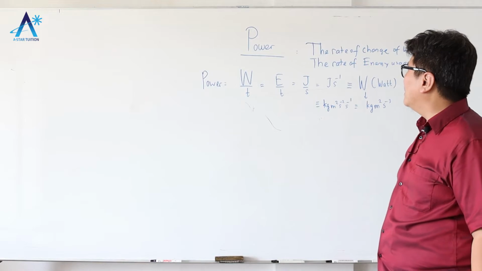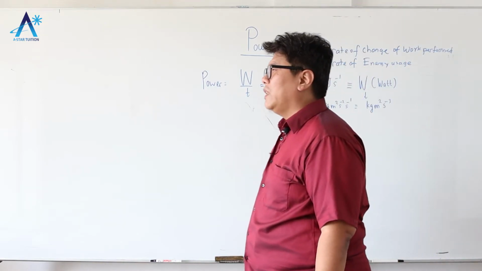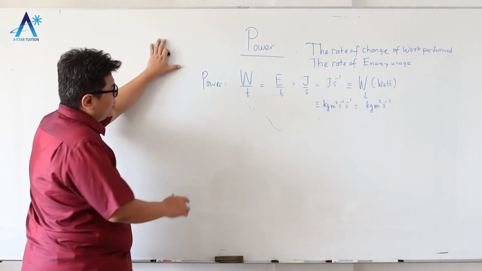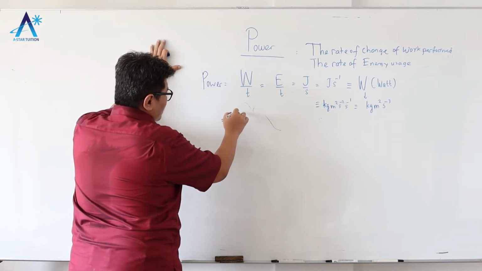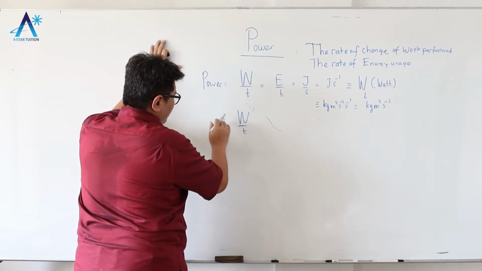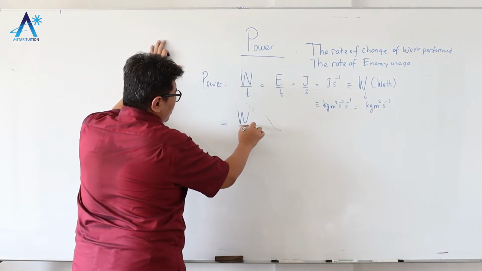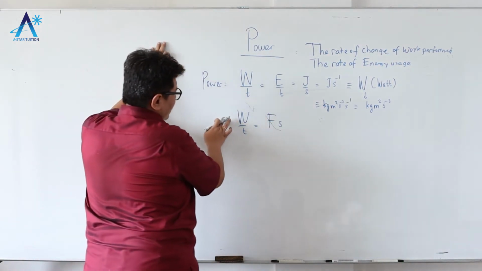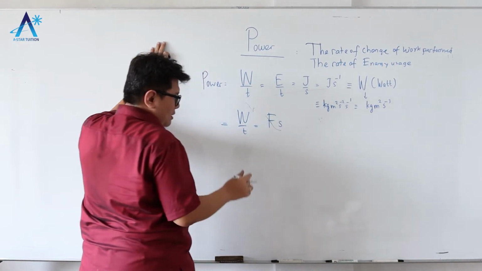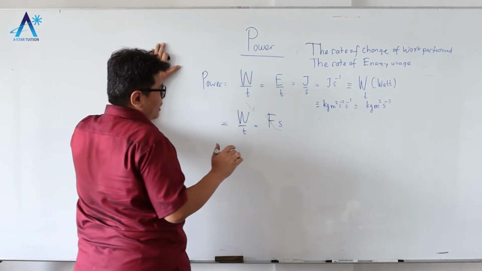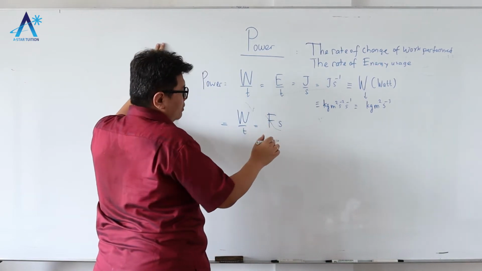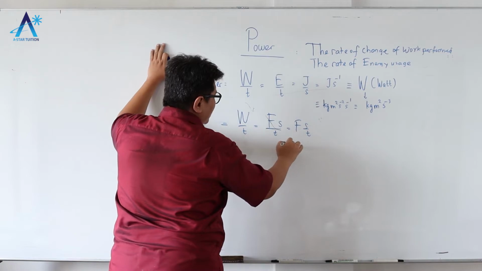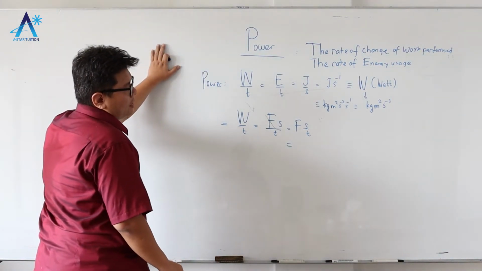Okay, now one example of how you can also calculate power is this. This is work, this is time. So the work, remember, is equal to F times S. If we imagine that theta is 0 degrees, so cos theta is 1, then this becomes F times S over T. Now S over T is the speed, the rate of change of displacement.